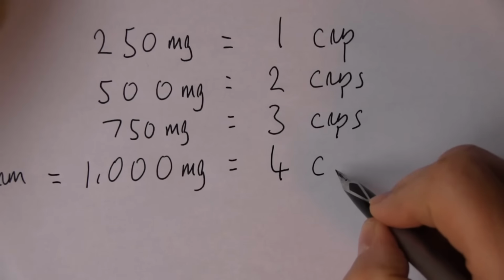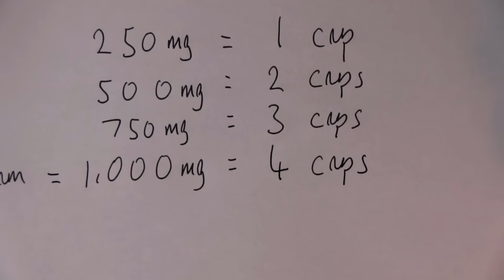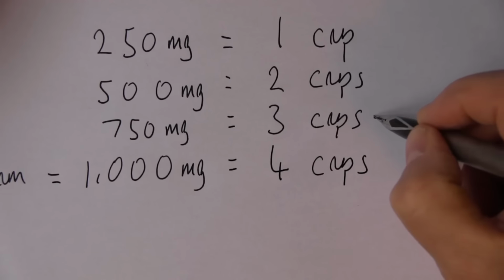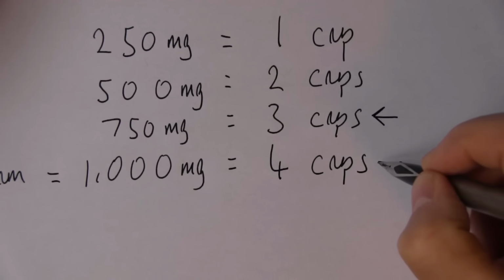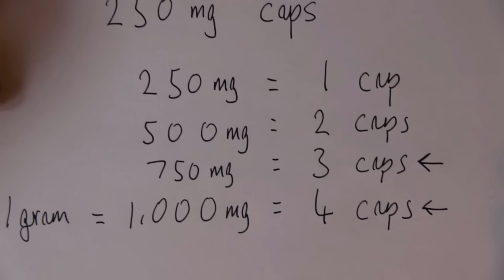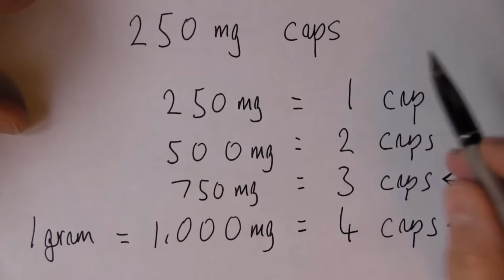So that would be 4 capsules. So 750 would be 3 capsules. 1 gram would be 4 capsules, providing it's 250 milligrams per capsule.